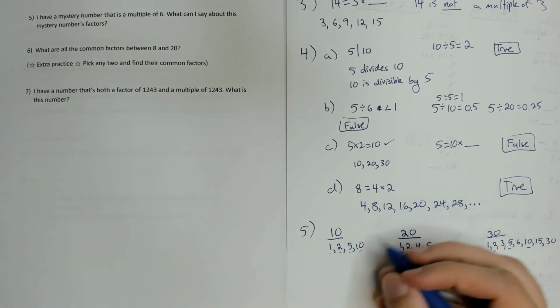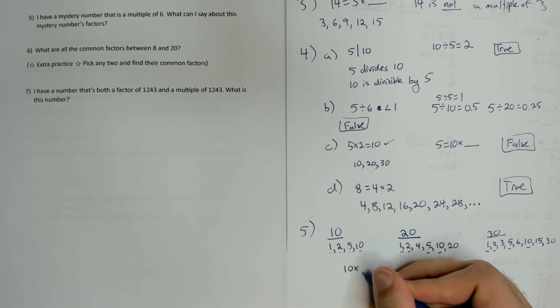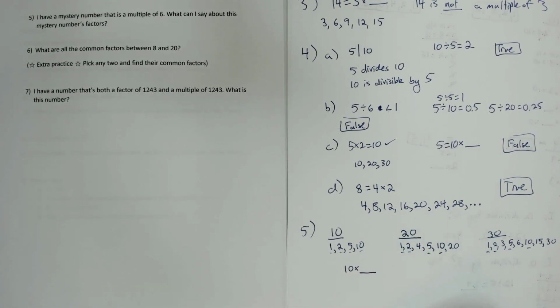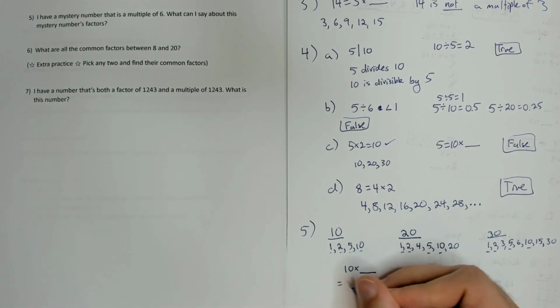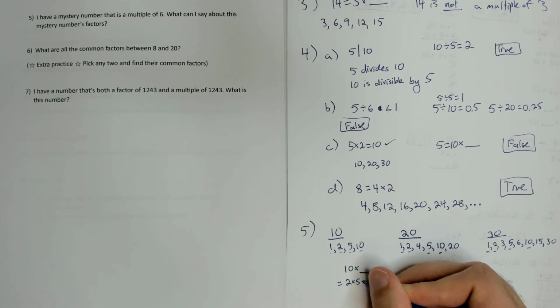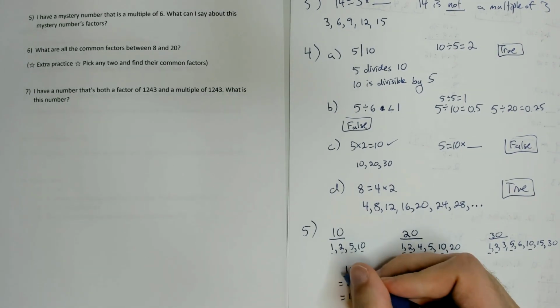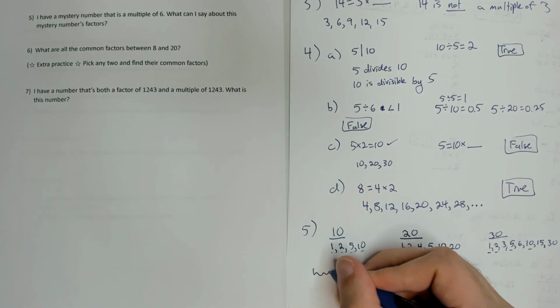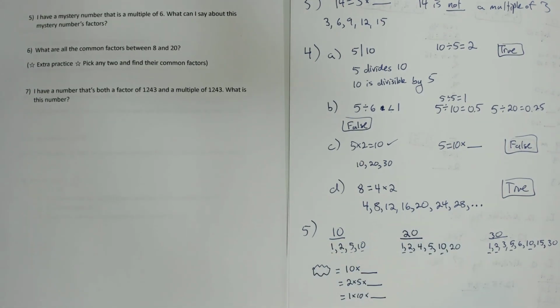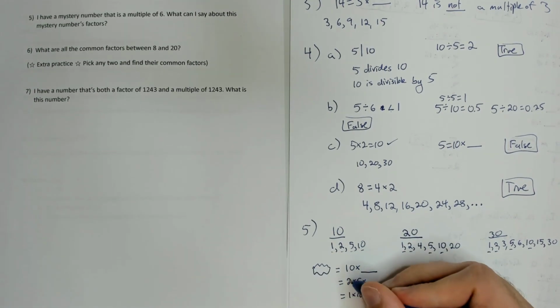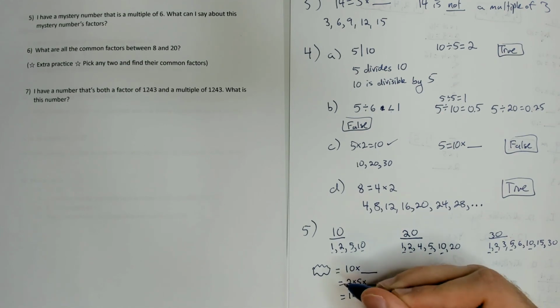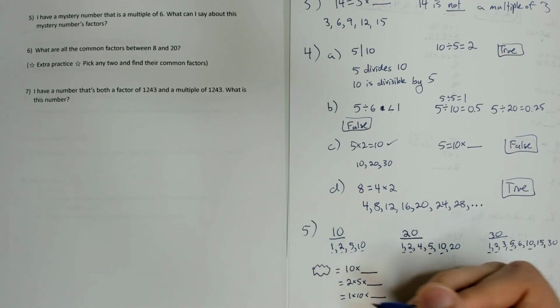And why is this? Well, a multiple of 10 is going to be 10 times some whole number, right? But we can write 10 as something like 2 times 5 times that same whole number, or 1 times 10 times that same whole number. And if all of these equal the number that we're starting with, which is like the multiple of 10, then that means 2, 5, 1, and 10, they all have to be factors of this number here, right?